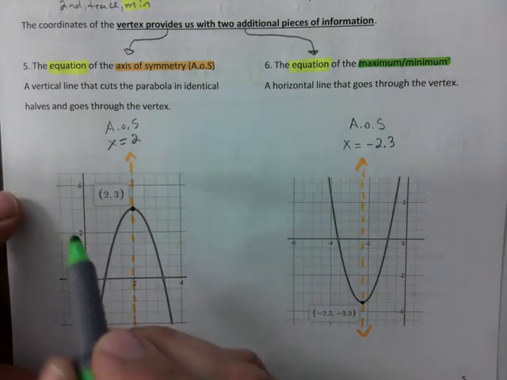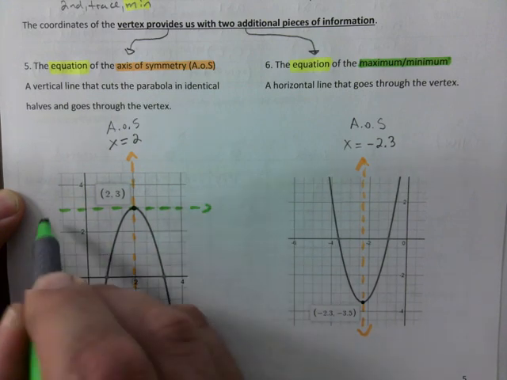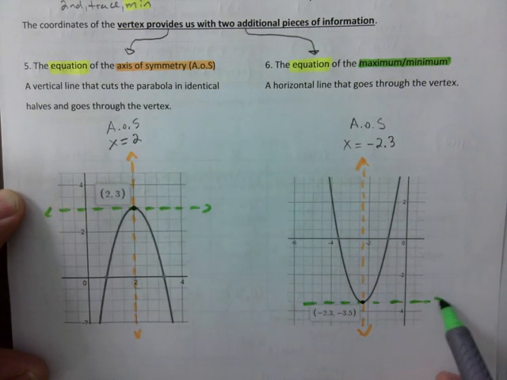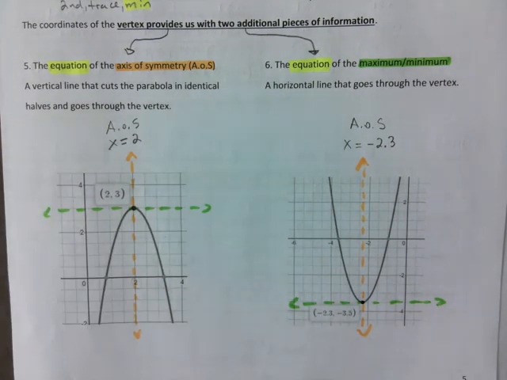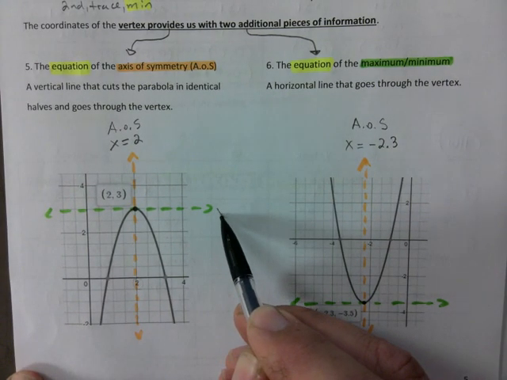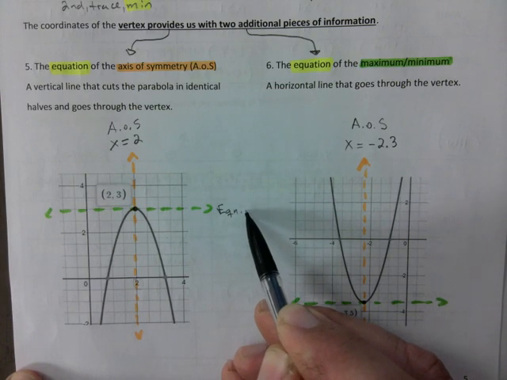And so it basically goes horizontally through your vertex. So that would be the equation of the max.